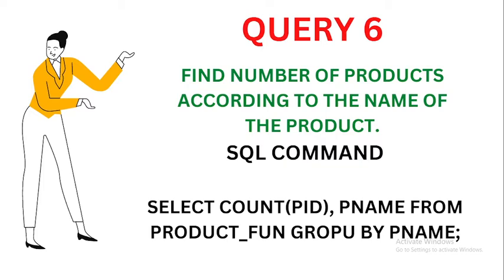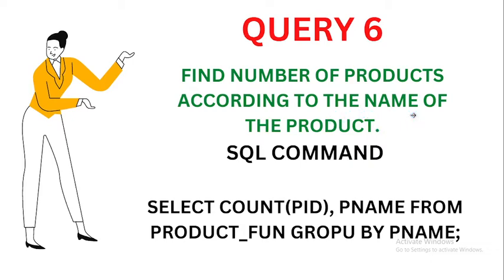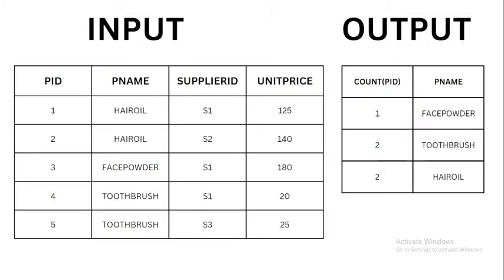For that we have written our SQL command: SELECT COUNT on our column name, that is product ID, comma, p name, as we want to show the product names also, FROM the table name, which is product_fun, GROUP BY product name. According to the product name, we need to group this result.